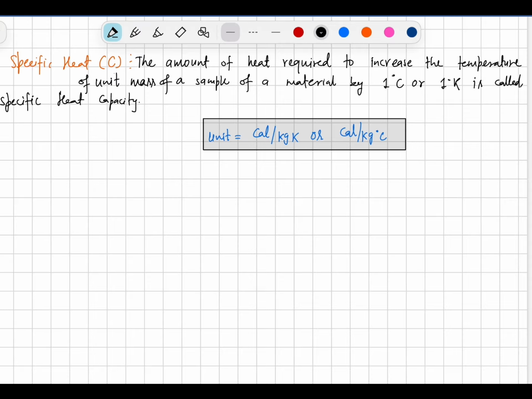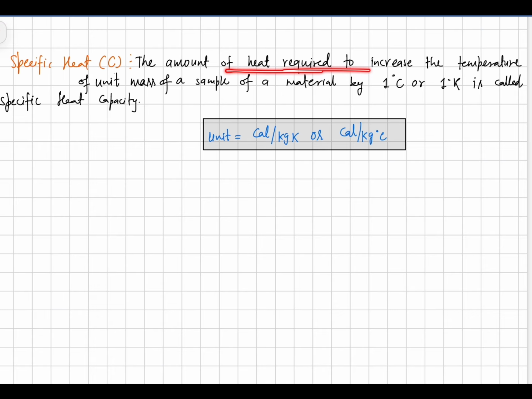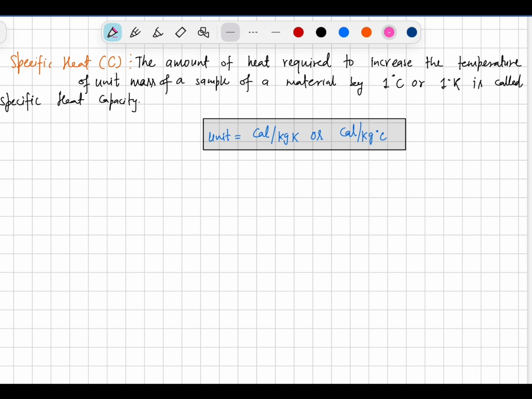But since we are saying that the amount of heat is required to increase the temperature of unit mass, now we are giving the heat in a specific, particular way. So now it has two special cases.